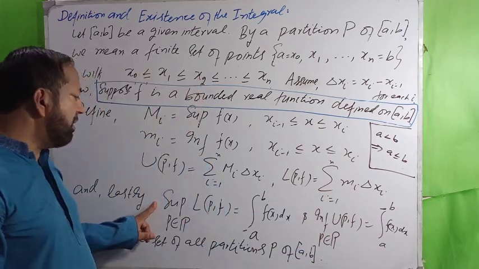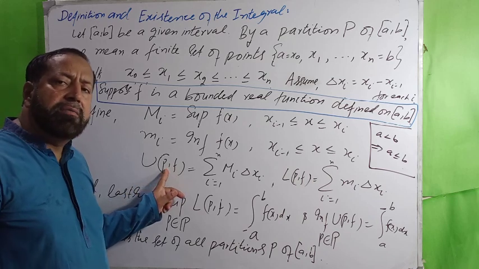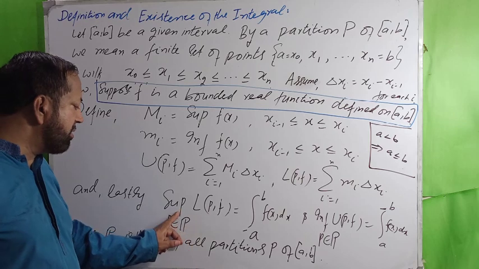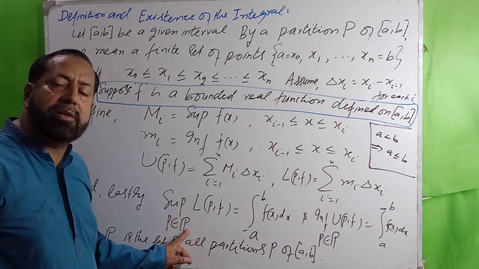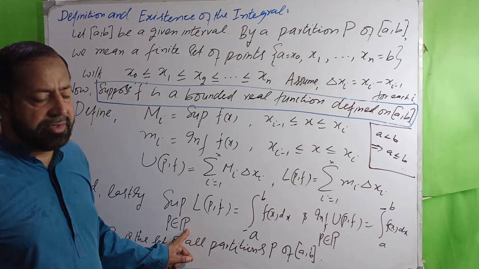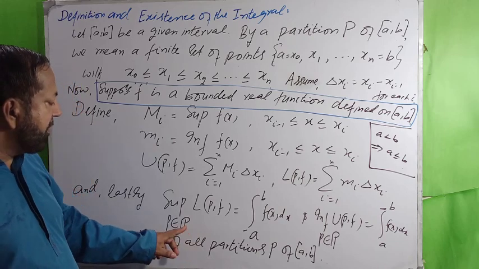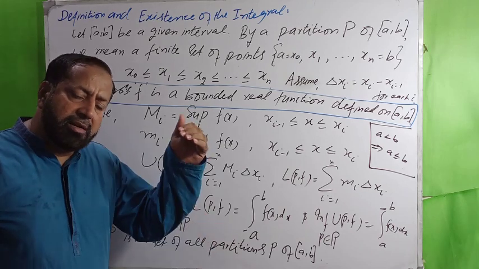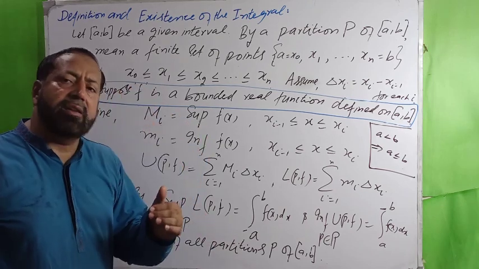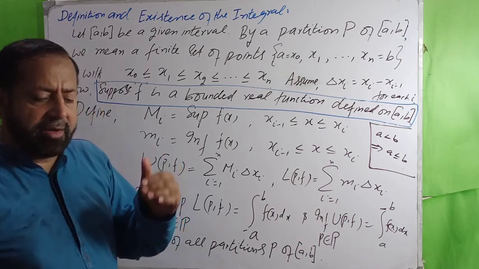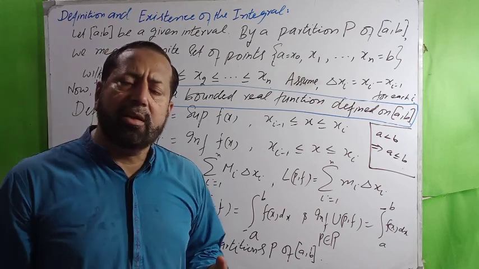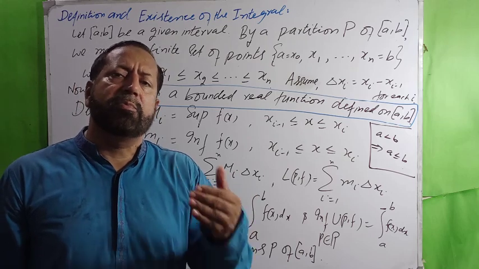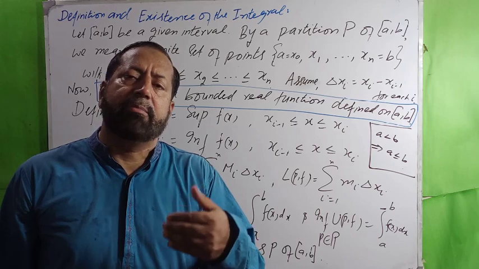And then you vary the partition over the set of all partitions, which we label as script P, the set of all partitions of [a, b]. Since every lower sum loses some area corresponding to every partition P, the supremum is in fact the better area.